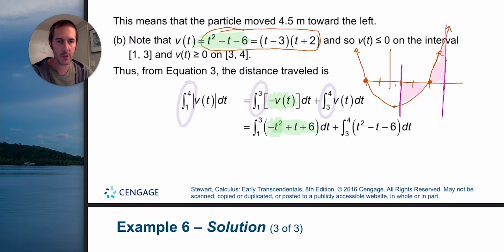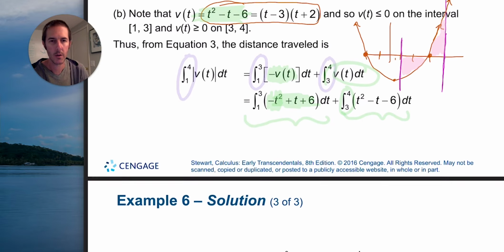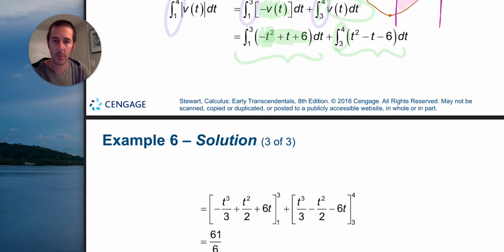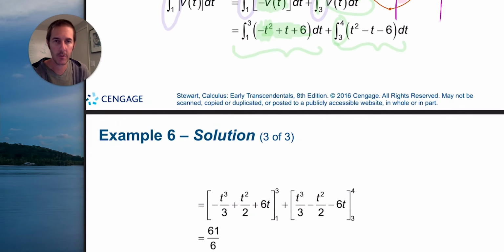All the signs have been changed, good. And then we'll do that integration momentarily, and then here we have our original function v of t, so no changes there, but we are only integrating from 3 to 4. Now we're going to end up with two different antiderivatives. Not a big difference, but a little bit of a difference. It's that negative sign that we're going to see as being the difference.